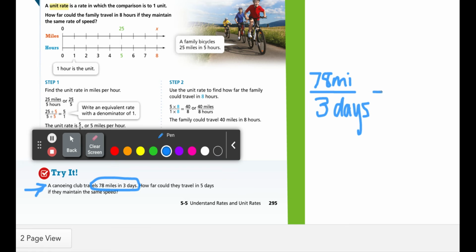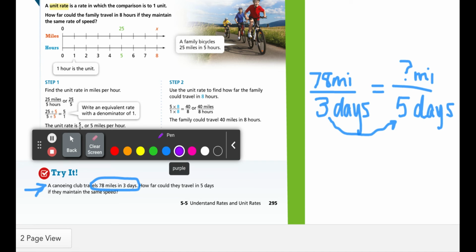We want to know how far can they travel, how many miles in 5 days. So we have to use unit rate here because we can't simply go from 3 to 5. So we're going to use unit rate to figure out how many miles they traveled in 1 day.